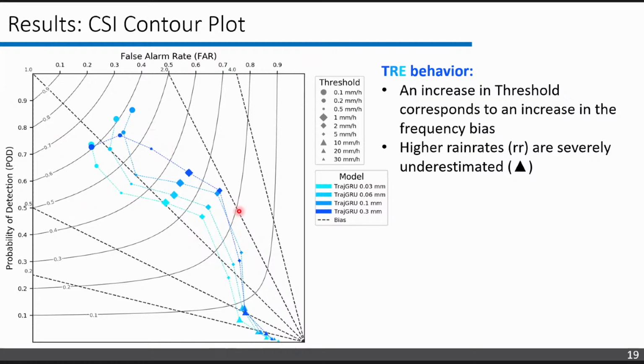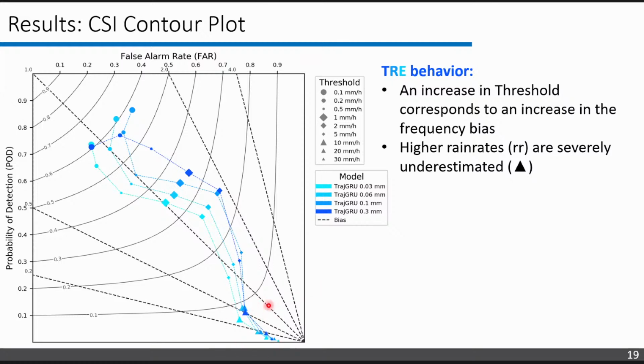We use either MSE or some kind of mean, especially on very skewed distribution data. So you incur in this frequency bias problem where you are overestimating lower values and underestimating higher values.